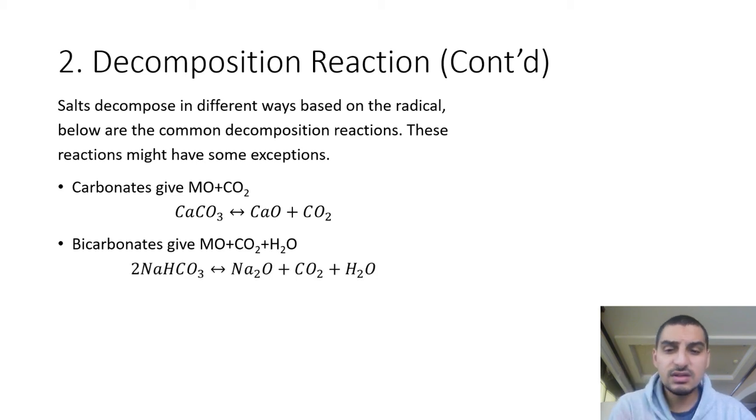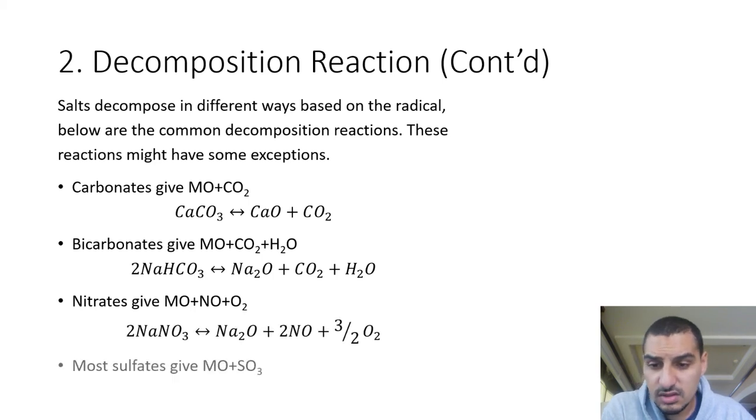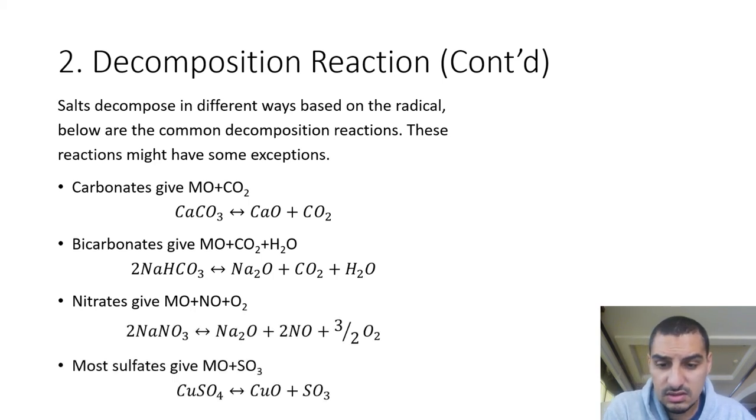This is actually very intuitive, as I said, and it's easy to predict if you don't know it by yourself. The nitrates give nitrogen oxide and oxygen plus the metal oxide, and the sulfates will produce sulfur oxide and copper oxide.